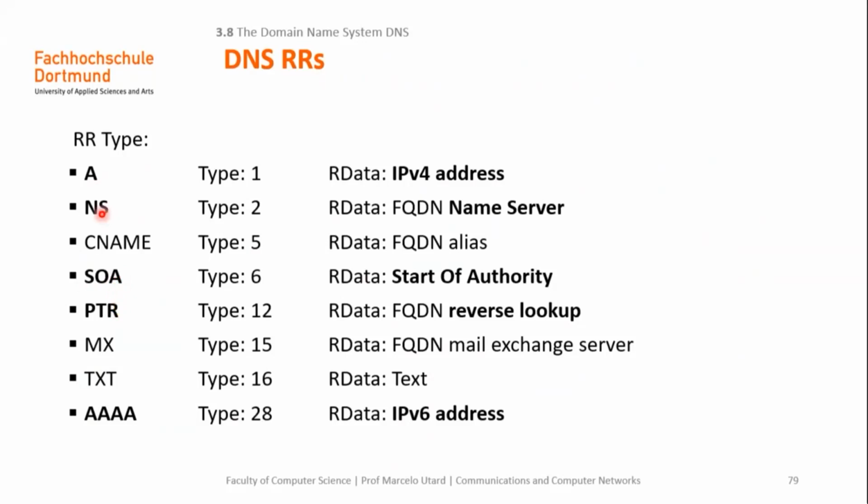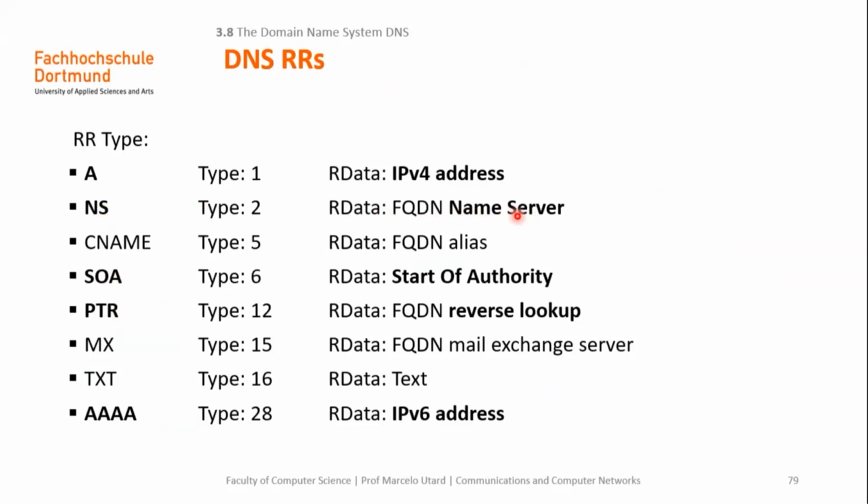For instance, the NS records, that is name server records, where the data contained in the NS records is the FQDN that identifies the authoritative name servers of the zone.